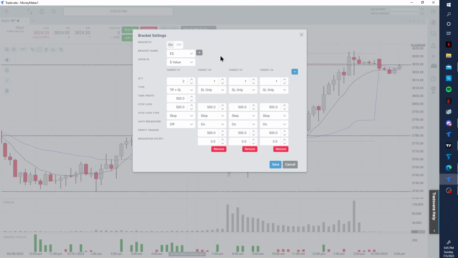So if my trade doesn't go in my favor at all and goes back 10 points, obviously it's $50 per point, so 10 points total, then I lose $2,500 on the trade.